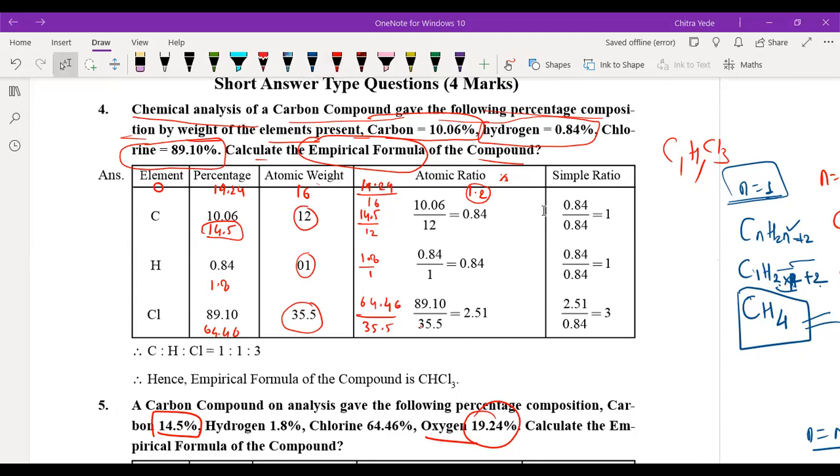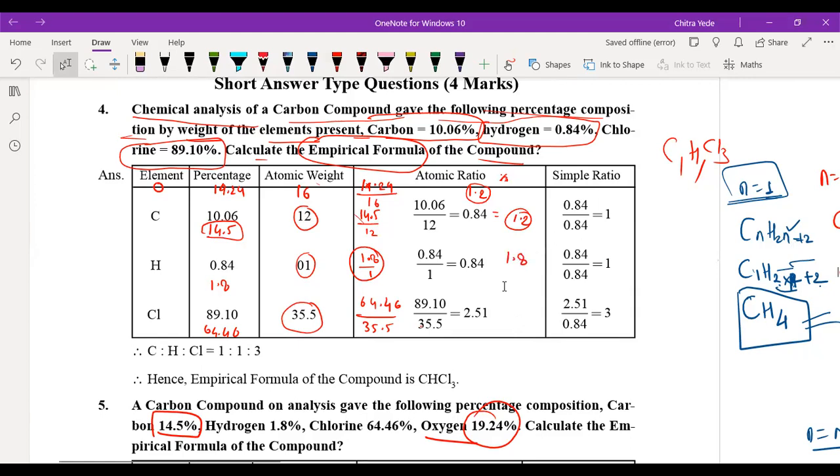Now for carbon, it will be 14.5 divided by 12, which equals again 1.2. Then for hydrogen it will be 1.8 only.